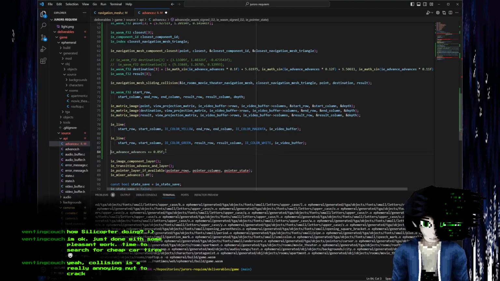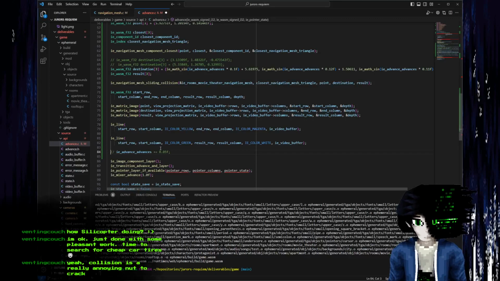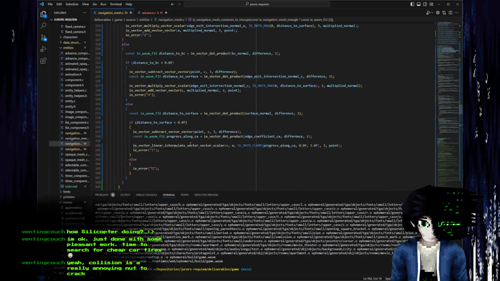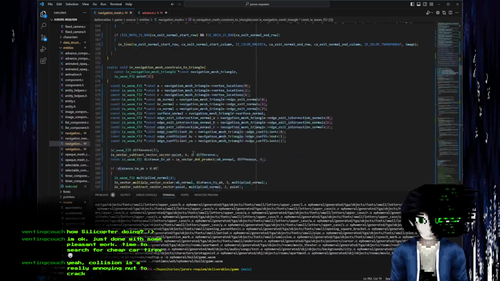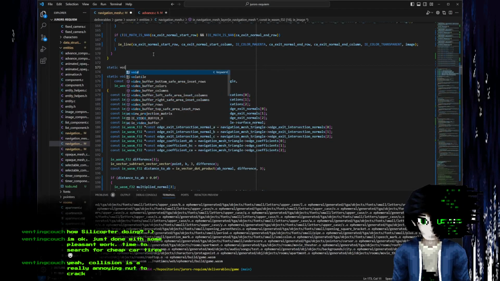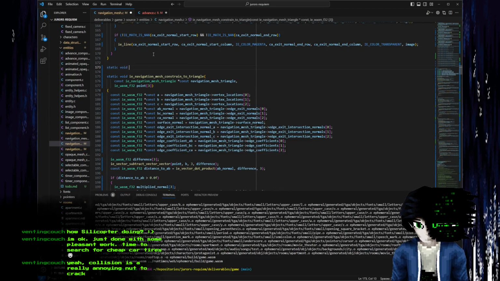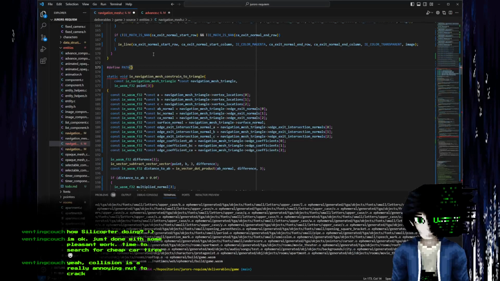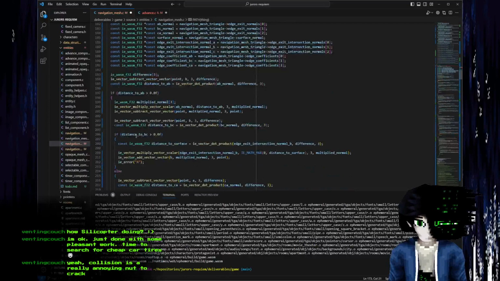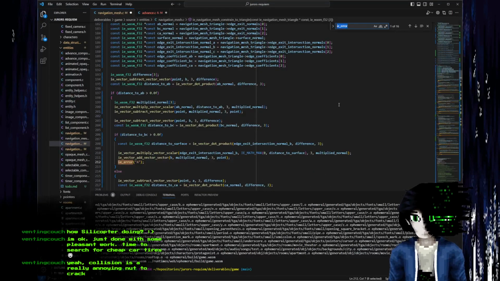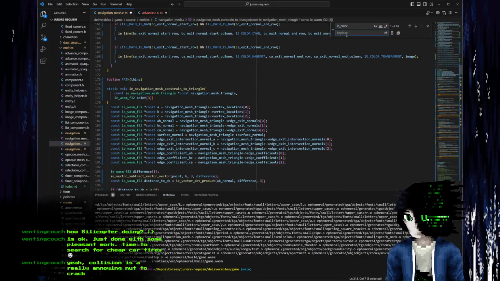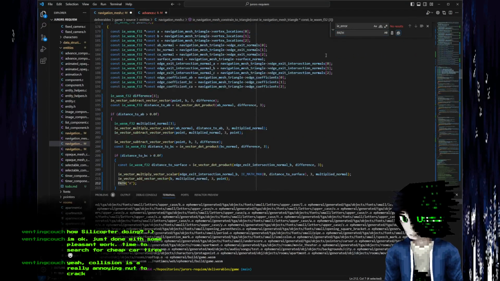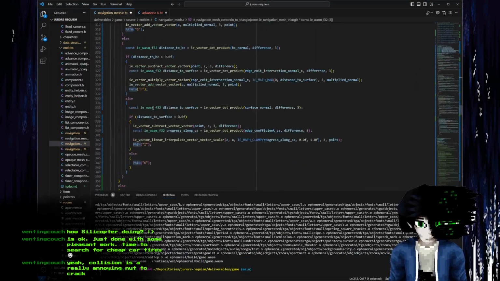Just going to reintroduce the code that sweeps it over the whole thing. Just actually put in a macro here, so I can quickly and easily disable this kind of logging.